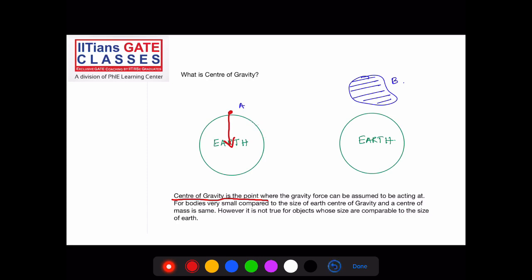However, this is not true if the size of the body is quite big and comparable to the size of Earth. In that case, the Earth will have different force of gravity at different points, because the force of gravity changes inversely proportional to the radius.